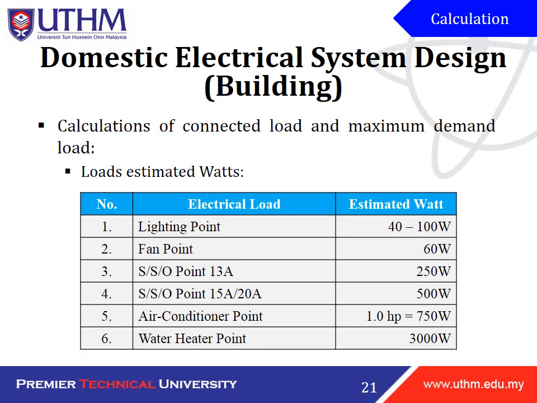Okay, this is the example of how to calculate the domestic electrical system design for buildings. So calculation of connected load and maximum demand loads. This is the load estimated watts. We have lighting point, fan point, SSO point with 13 ampere, SSO point with 15 ampere, air conditioner point, and also water heater point with the estimated watt listed here.